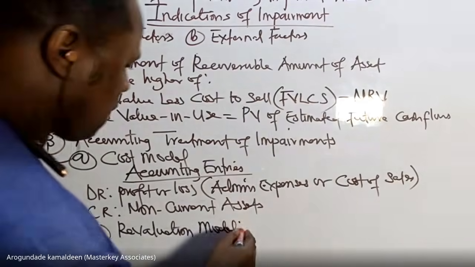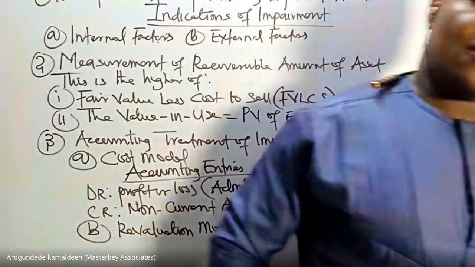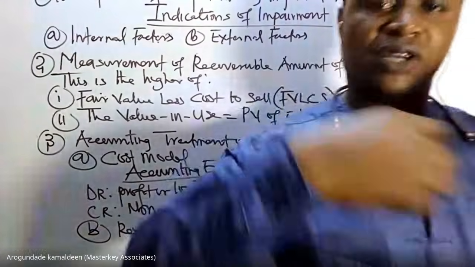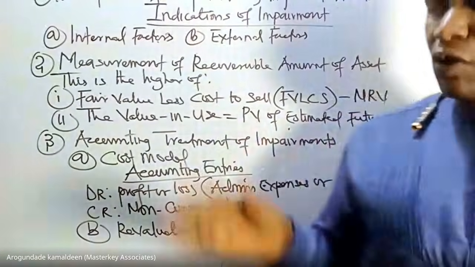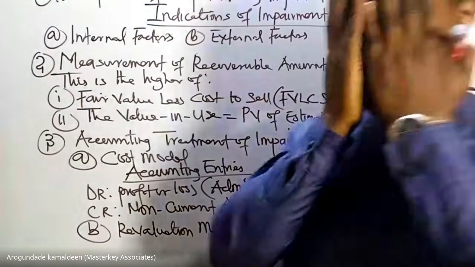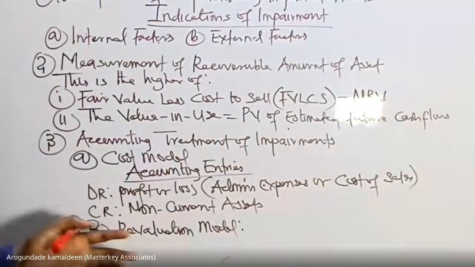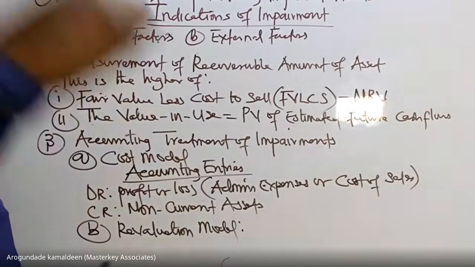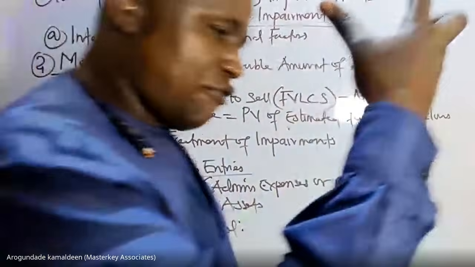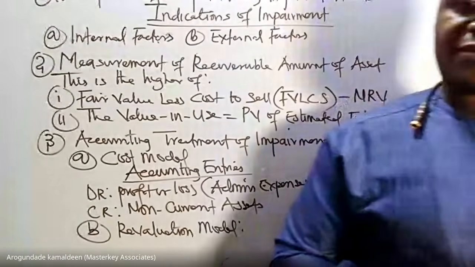Class, recall IAS 16 says that a PPE can be carried in two ways: the cost model and the revaluation model. Under the revaluation model, the asset is revalued to fair value at the end of each year.